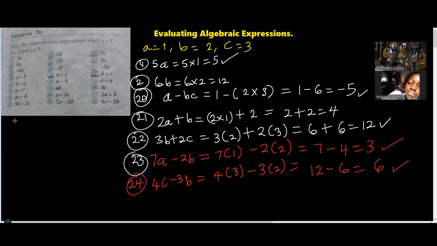Now we can look at the other one, which is this one. Have you done some of this one in the class? Yes, sir. She gave us this one as assignment.